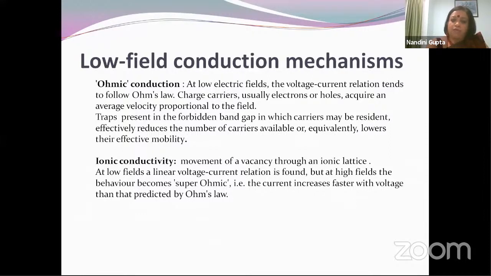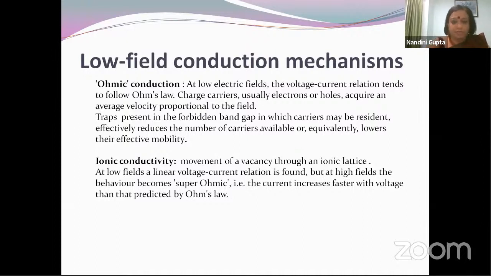Firstly, let me talk about low field conduction mechanisms. Very often we don't remember that the conduction you have in dielectrics is nothing but V equal to IR, which is the ohmic conduction, which means the voltage current relation tends to follow Ohm's law. Of course, in dielectrics, the current will be very small because the resistivity is very high, but no matter, the process is absolutely similar to the conduction current that you have in conductors.